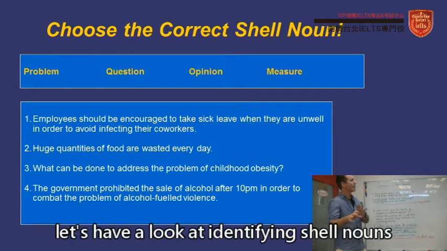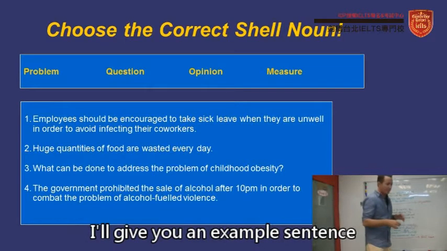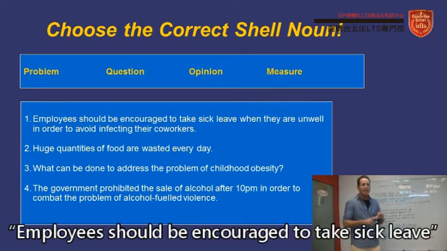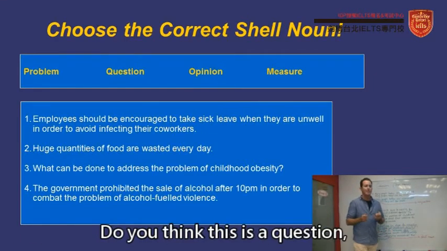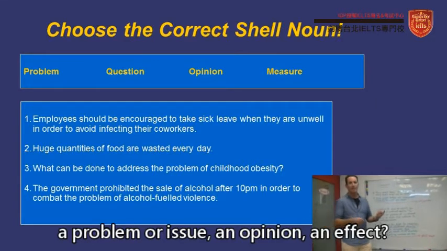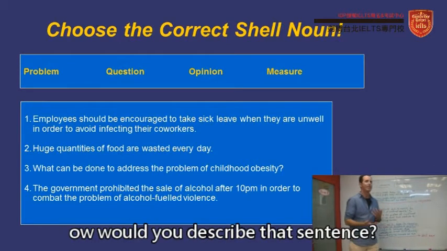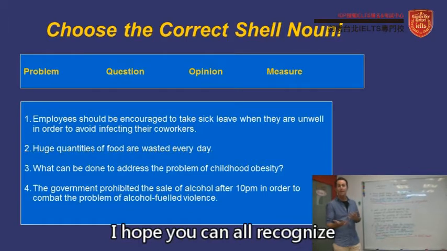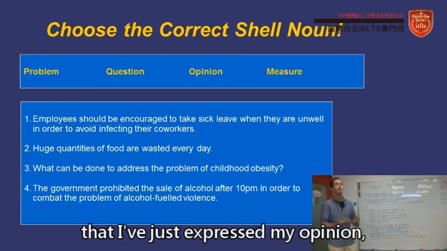First of all, let's have a look at identifying some shell nouns. So, I'll give you an example sentence. Employees should be encouraged to take sick leave. Do you think this is a question, a problem, or an issue, an opinion, a fact? How would you describe that sentence? Now, I hope you can all recognize that I've just expressed my opinion.